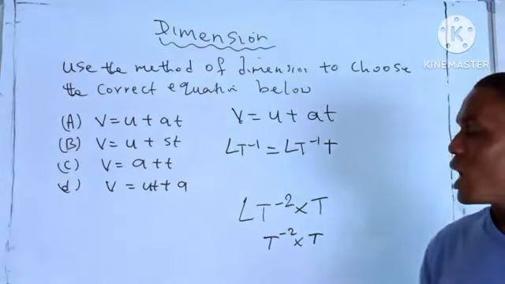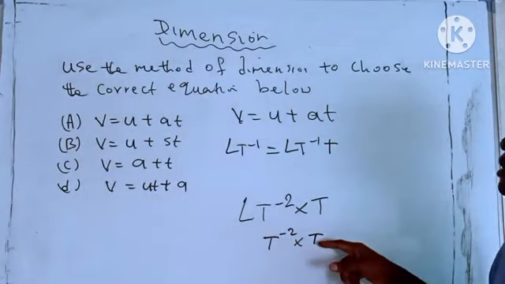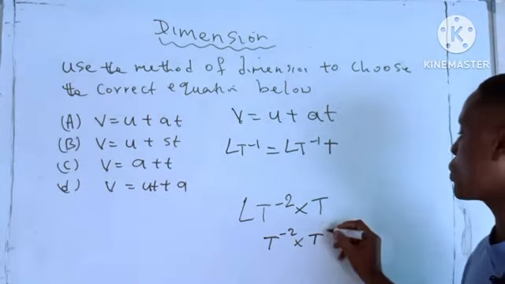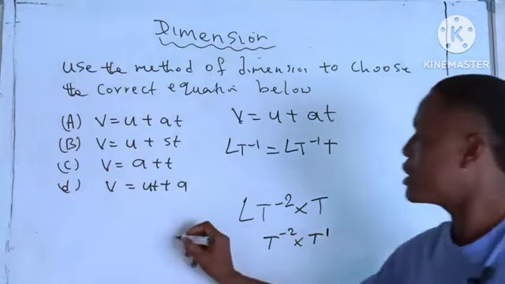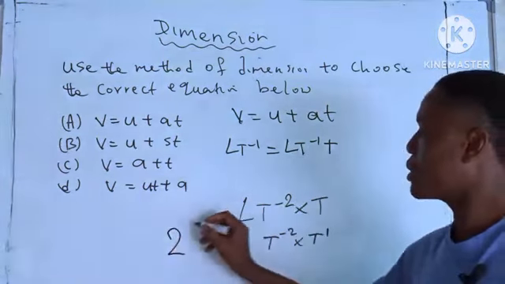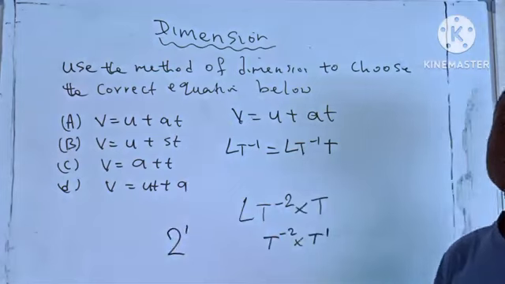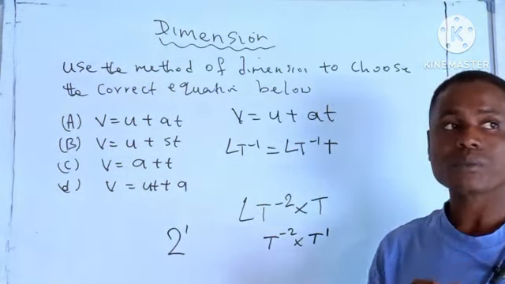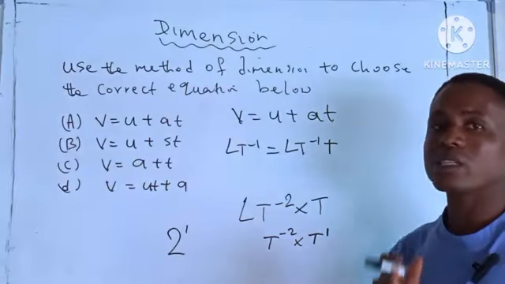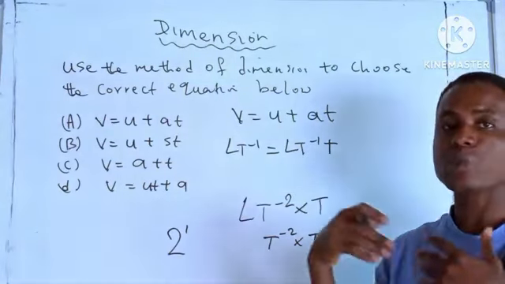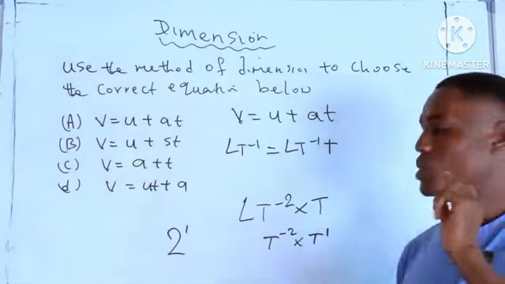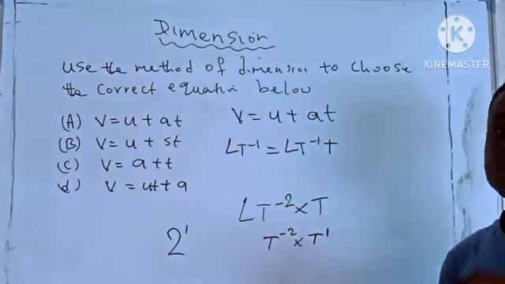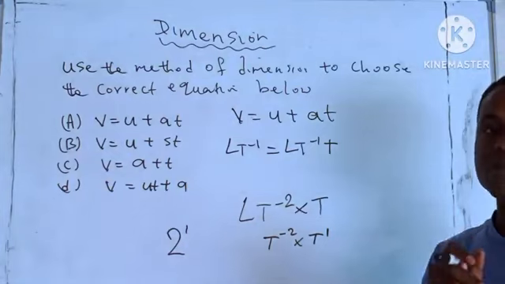And take note, any single number or single alphabet that is standing alone contains one on top. Any single number like 2 here contains one on top. So you have to understand this because any number raised to power 1 is still that particular number. 100 raised to power 1 is still 100. 1000 raised to power 1 is still 1000. Any number or any alphabet raised to power 1 is still the same alphabet or number.